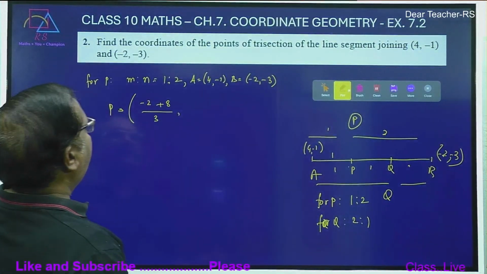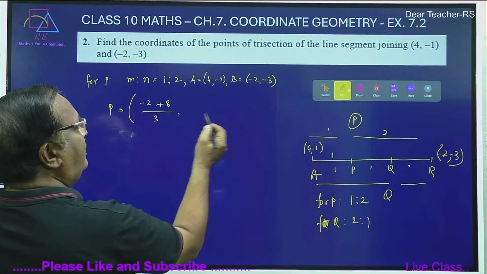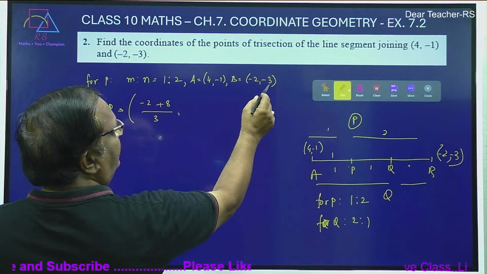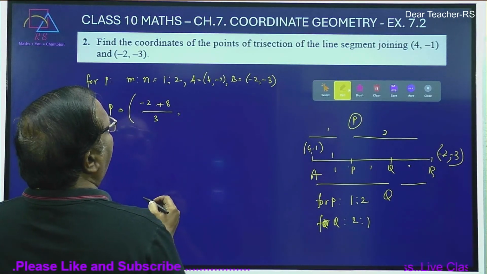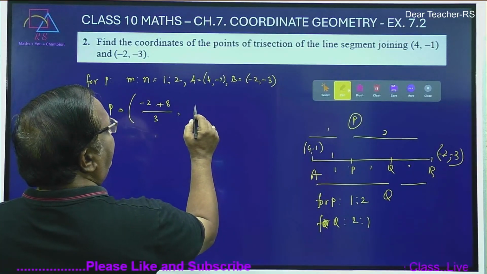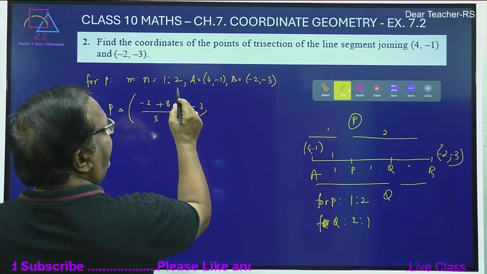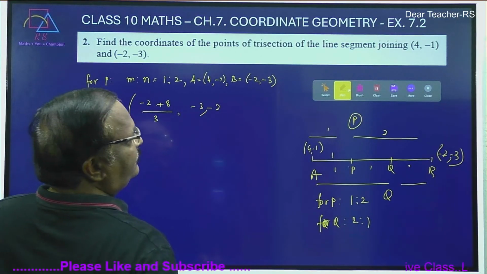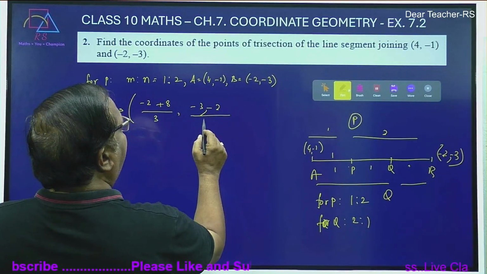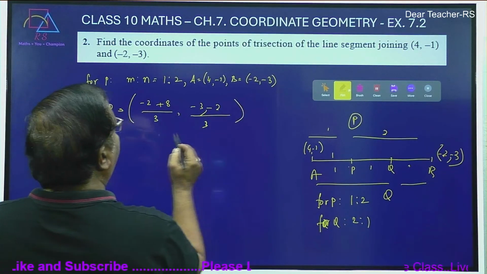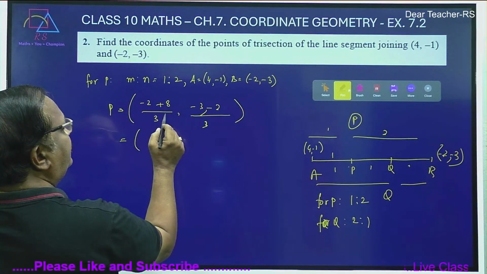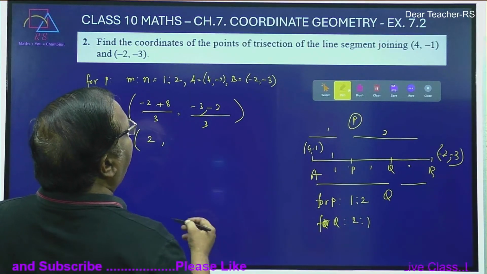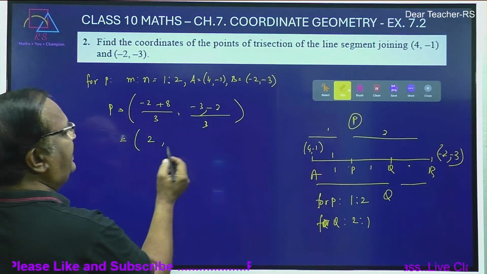Now again y coordinate: m y2, 1 into minus 3, minus 3, plus 2 into n y1, 2 into minus 1, by 1 plus 2, 3. So this answer is 8 minus 2, 6 by 3, 2, and minus 3 minus 2, minus 5 by 3.